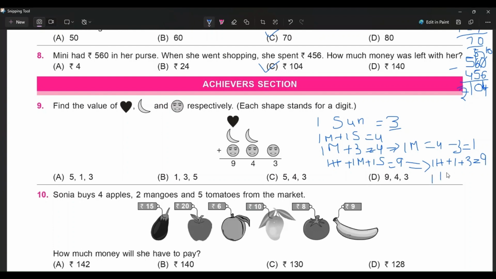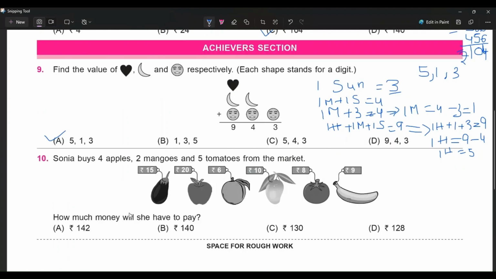So 1 Earth is equal to 1 plus 3 is 4, 9 minus 4. So we got the value now. 1 Earth is equal to 9 minus 4 is 5. So how could we write 5 comma 1 moon is 1 comma 3. 5 comma 1 comma 3. So option A, 5 comma 1 comma 3 is the right answer.